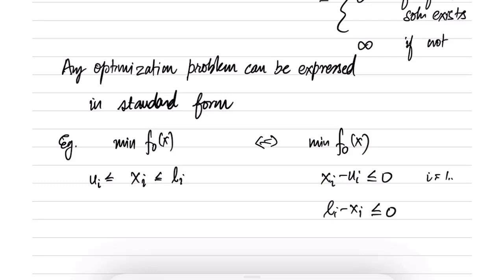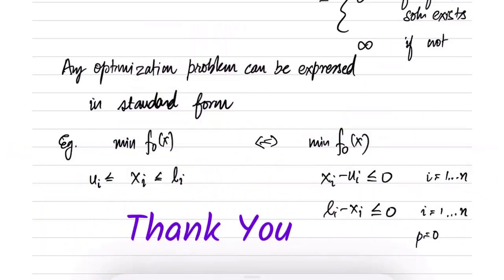This holds for i equal to 1 to n, and this also for i equal to 1 to n. Here actually p is 0, there are no equality constraints. So this is an example where we have converted a problem into the standard form, even though it was not originally expressed in this form.